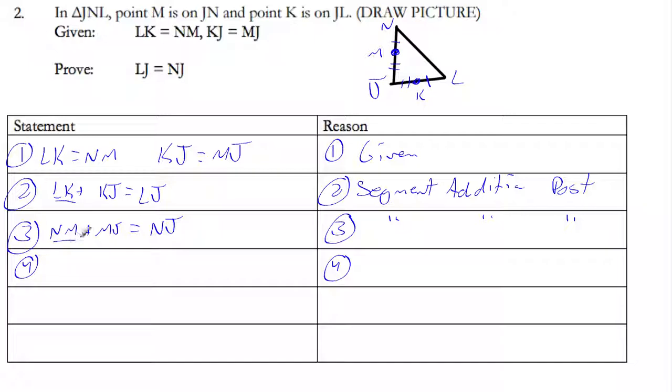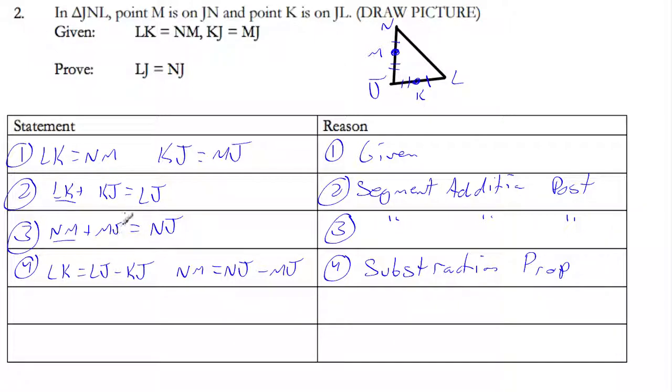What if I wrote the first equation in step 2 as LK is equal to LJ minus KJ, and then also wrote the equation in step 3 as NM is equal to NJ minus MJ? And that would be because of the subtraction property.